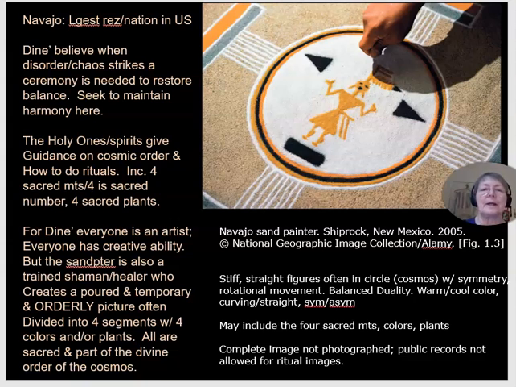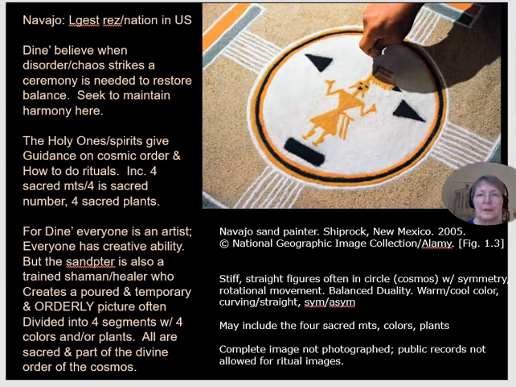Included within that, there are 4 sacred mountains outlining the world of the Diné, and the number 4 itself is very sacred to the Navajo. In addition to the mountains, there are 4 sacred plants and 4 sacred colors. For the Diné, everyone is an artist. Everyone has creative ability.